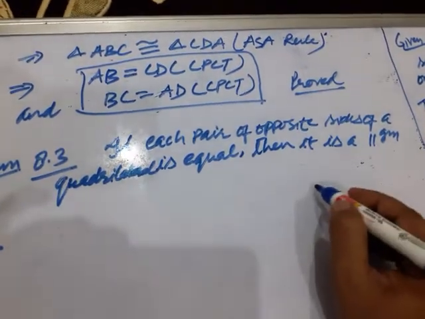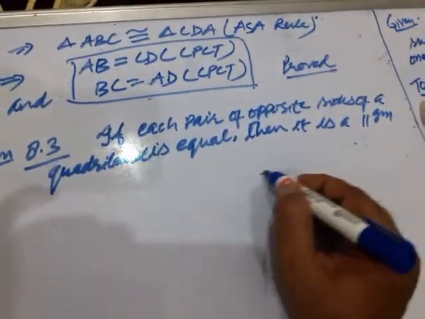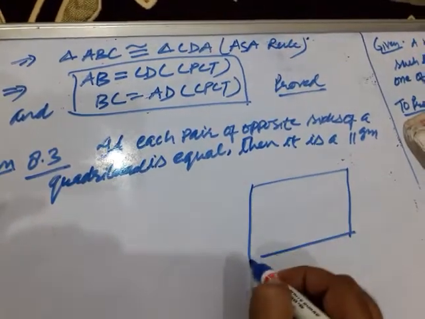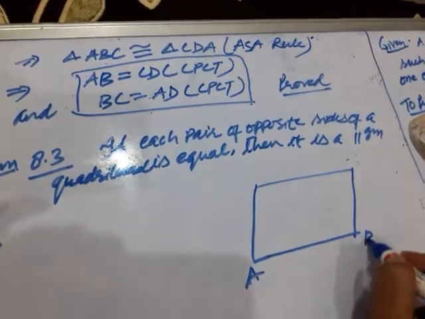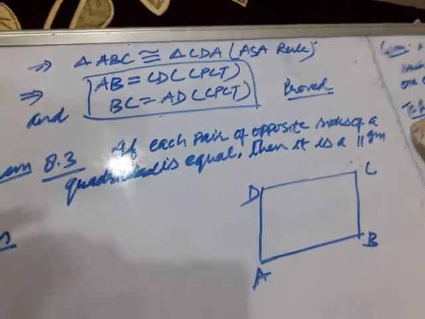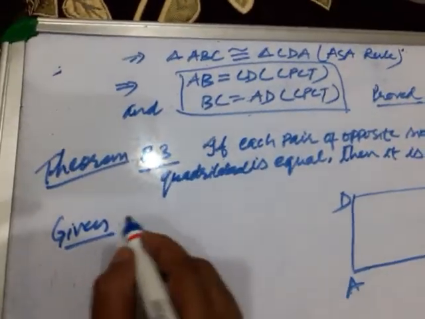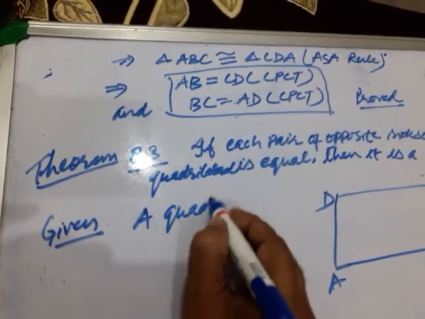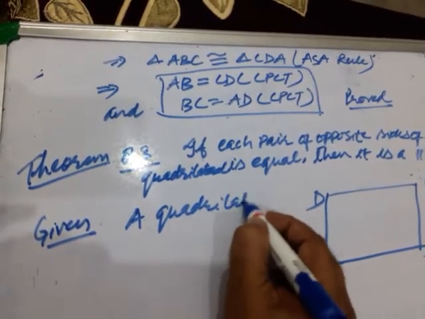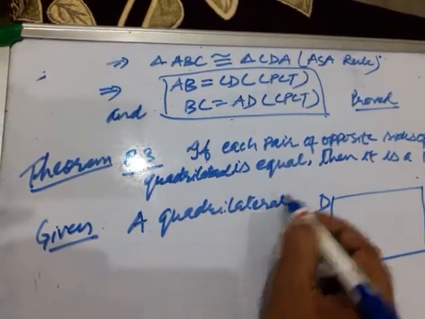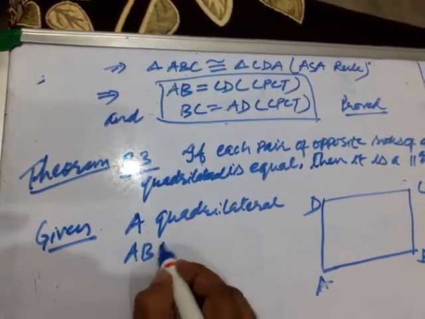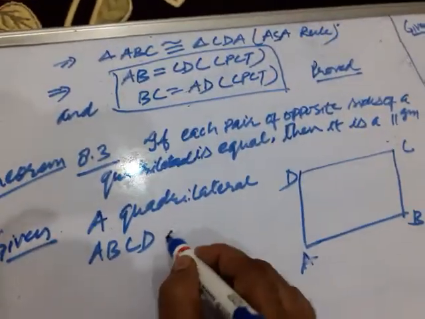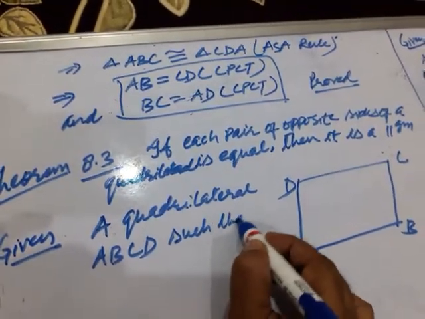Be careful. ABCD is a quadrilateral. Given a quadrilateral ABCD such that, what is the statement?